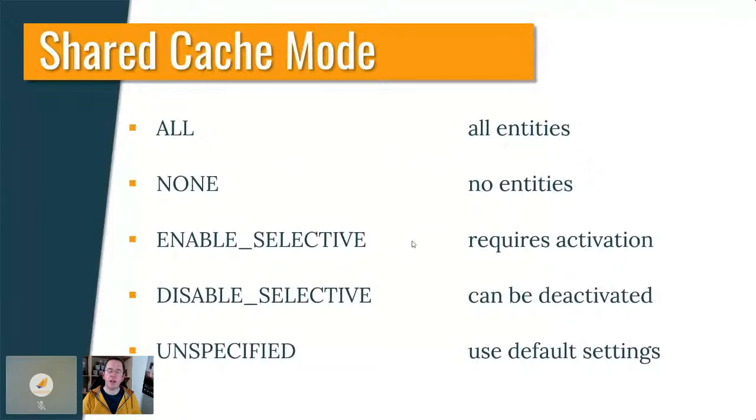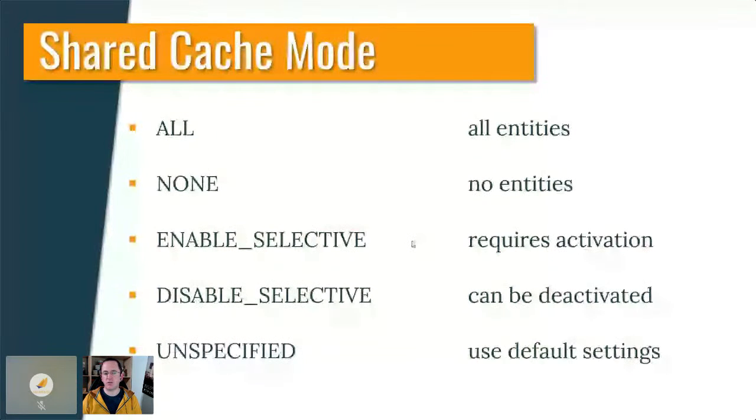I personally prefer enable selective because there we need to do something on the entity class, which means we need to add an annotation to actually activate the caching for it. With disable selective, it's a complete opposite. All entities are cached by default, and you need to add an annotation to avoid the caching.